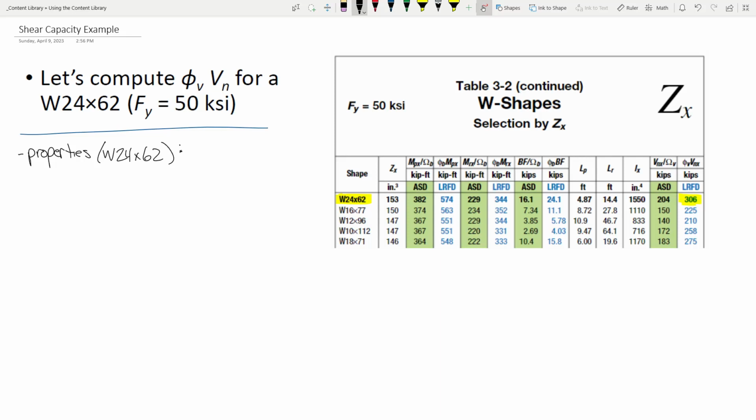In order to compute the capacity, I'm going to need the d value and the web thickness. So somebody help me out. For a W24x62, what is the depth? What is the web thickness?